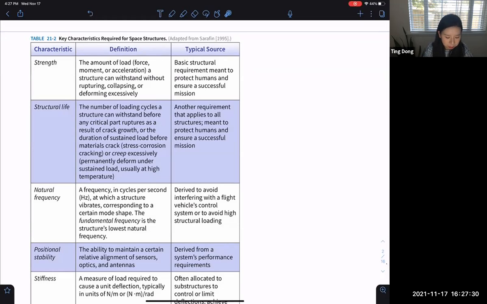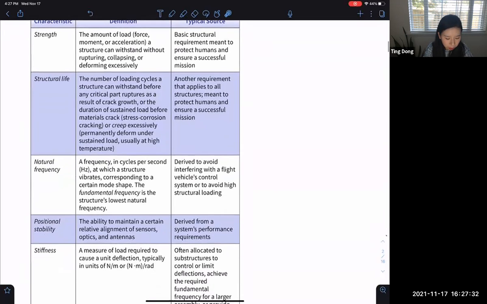This is the fatigue analysis, and then the natural frequency. Let's say we launch the EV from the Earth.